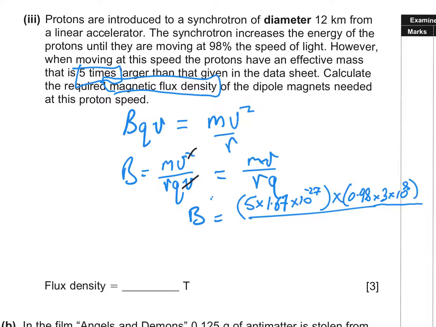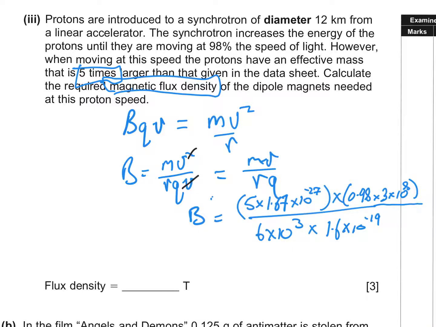and if the diameter is 12 kilometers, then r is going to be 6 times 10 to the 3, 6 kilometers for r, because half the diameter is the radius, and multiplying by the charge, which is your standard elementary charge of 1.6 times 10 to the minus 19.